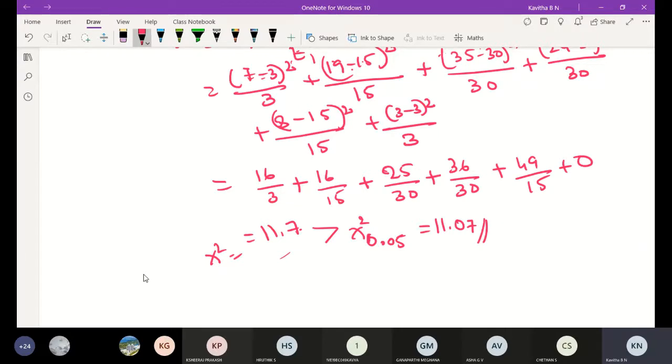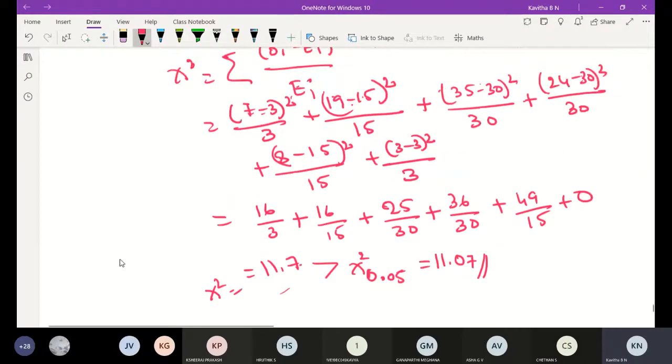Any doubt? Observe here, we have to use the binomial distribution, nCx p to the power of x, q to the power of n minus x.